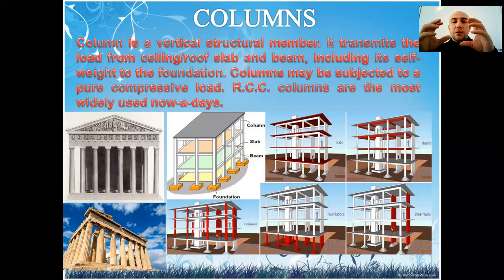So the term column applies especially to a large round support with a capital or base pedestal, which was made in ancient times of stone, and nowadays is made from concrete, monolithic concrete, prefabricated concrete, or sometimes from steel.